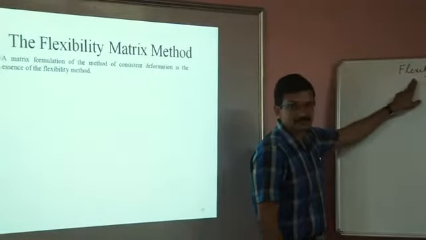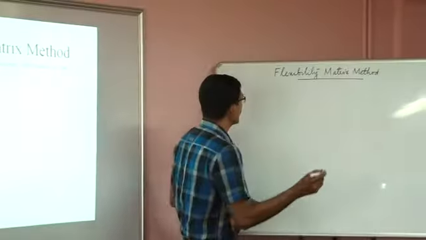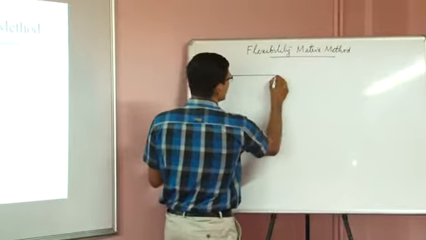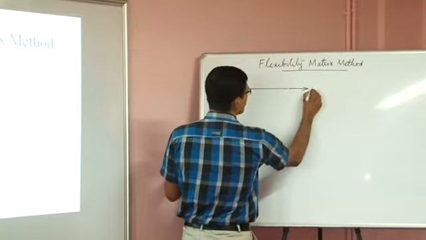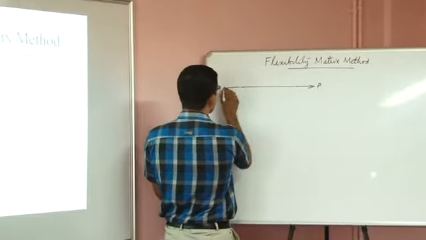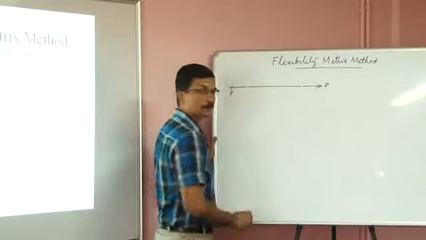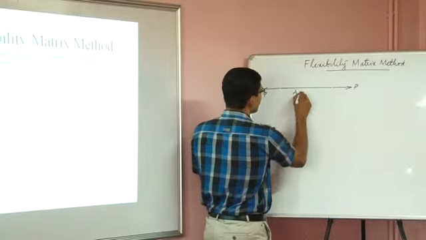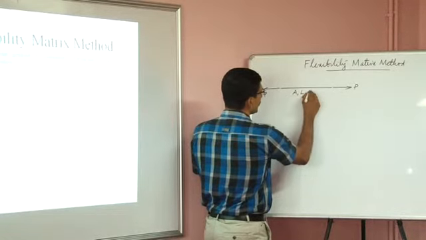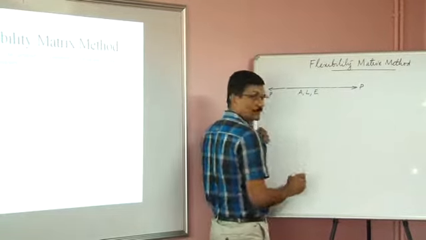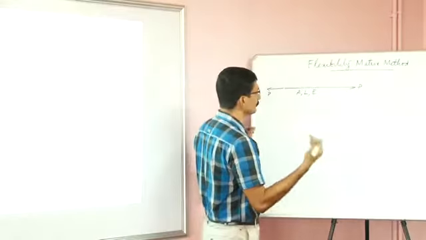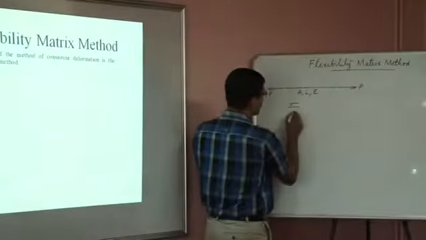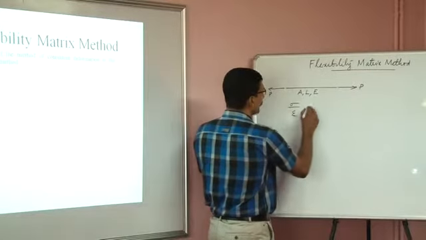Flexibility of a structure, for example, let us take an axially loaded member, subjected to a tensile force. The properties of this member are area of cross section, length of the member, and Young's modulus. Following Hooke's law, we know that stress is proportional to strain.